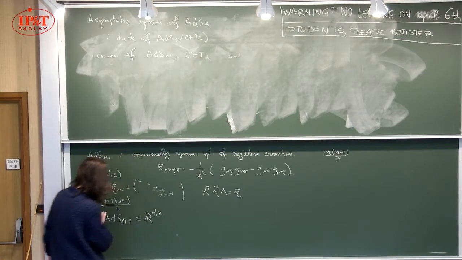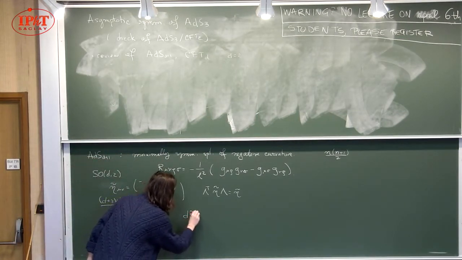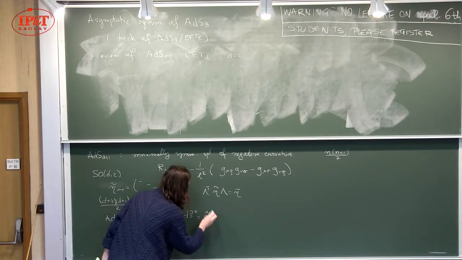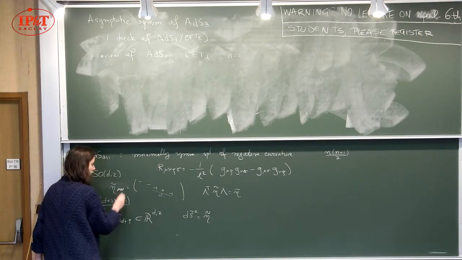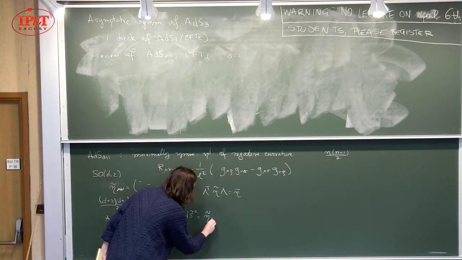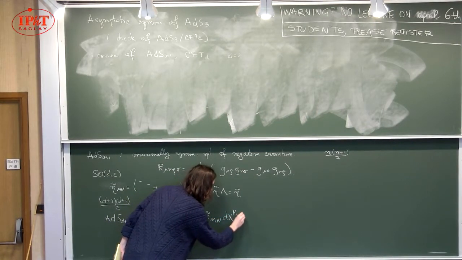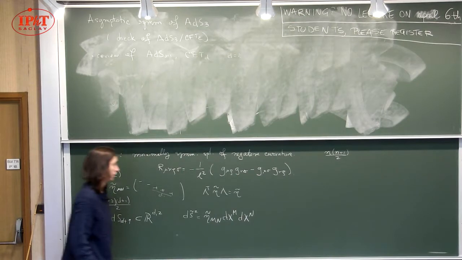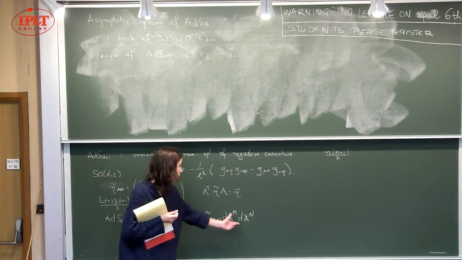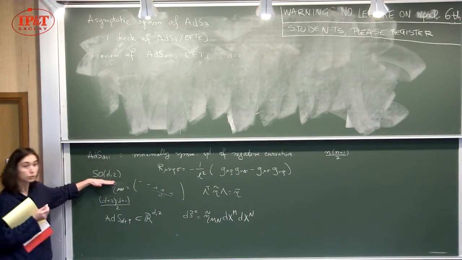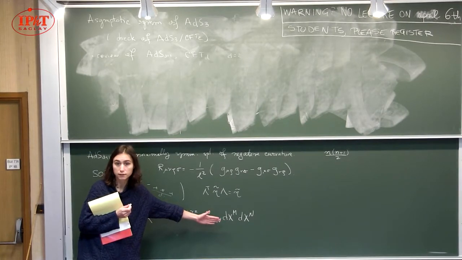The metric for this spacetime is ds² = η̃_{MN} dX^M dX^N, where the D+2 dimensional indices I'm calling M and N. As you see, this line element is manifestly invariant under SO(D,2), just by construction, because I'm using this particular metric, which is invariant.